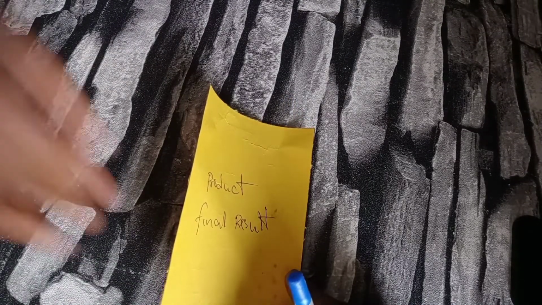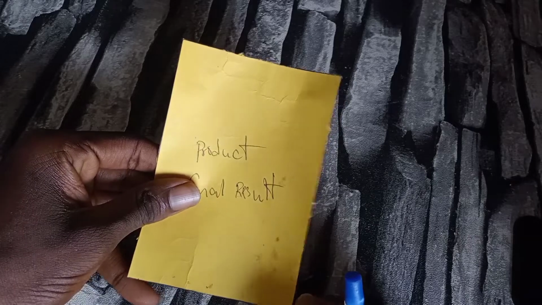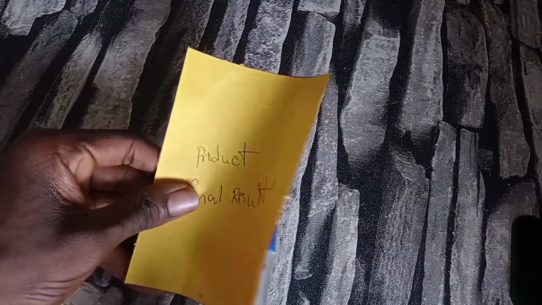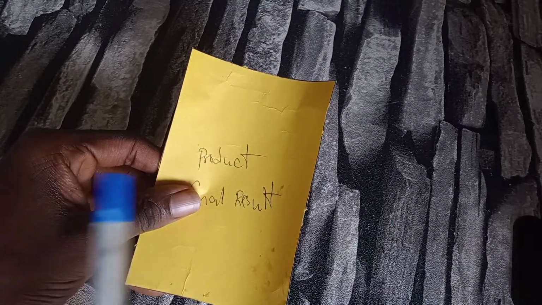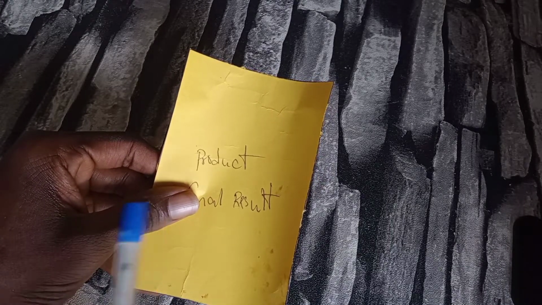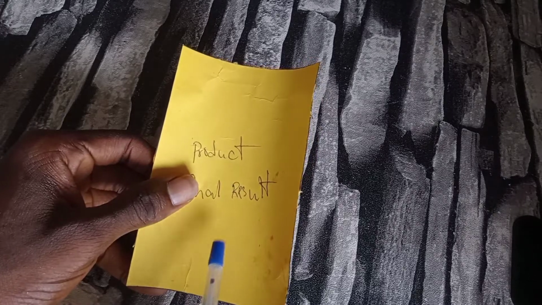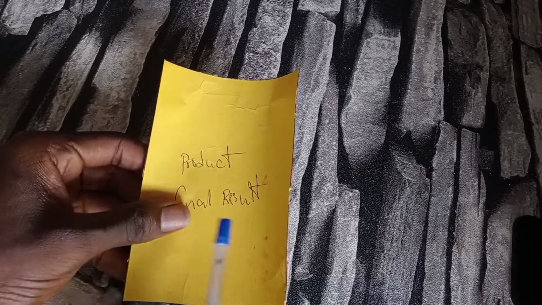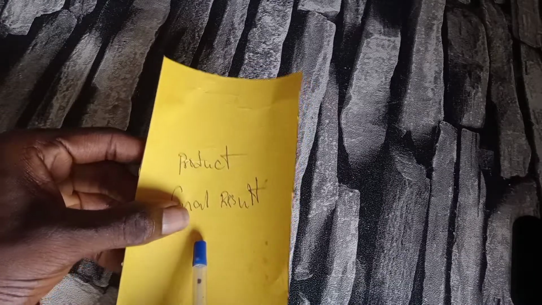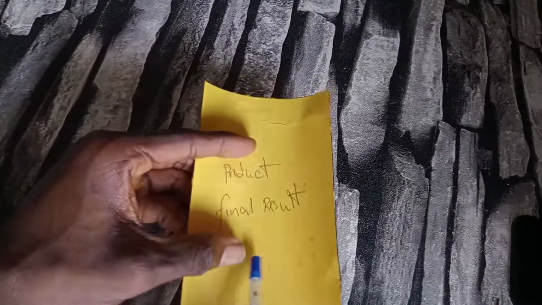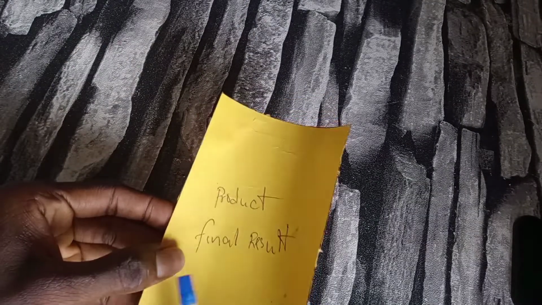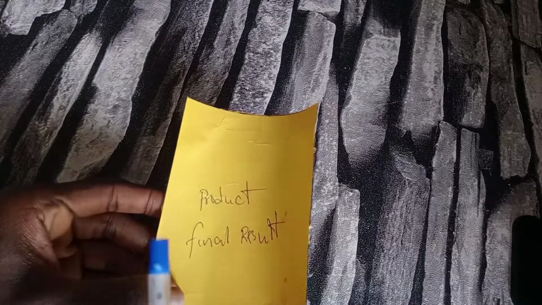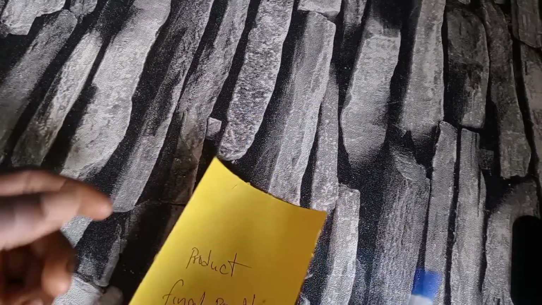So the law is the product on four sides is 1 inch bigger than the space created on the material for it to be inserted. The material which we are going to use to produce our final result will be 1 inch on the four sides bigger than the final result we want.